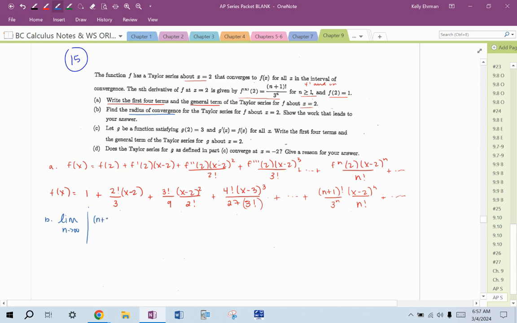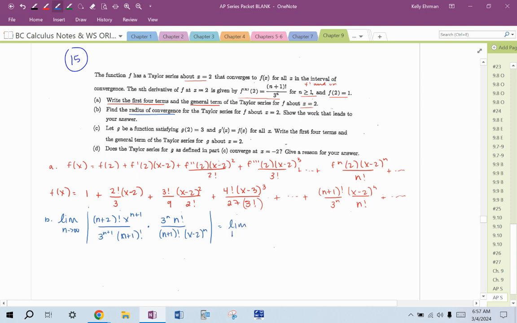Just make this n plus 2 factorial times x to the n plus 1 over 3 to the n plus 1 times n plus 1 factorial times the reciprocal of the nth term, which will be 3 to the n times n factorial over n plus 1 factorial times x minus 2 to the n.